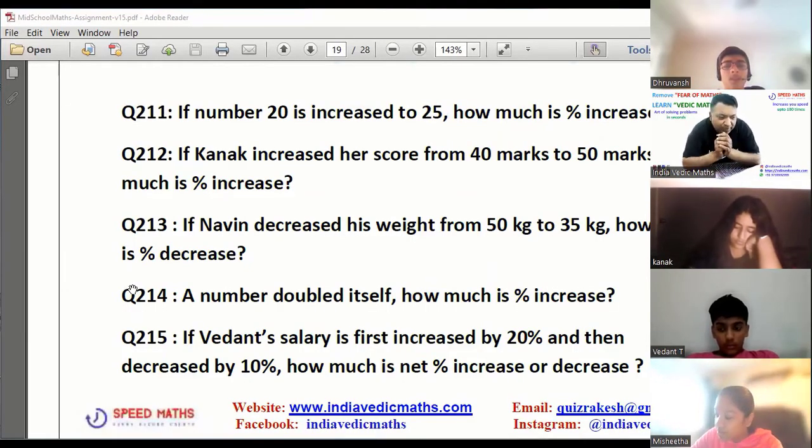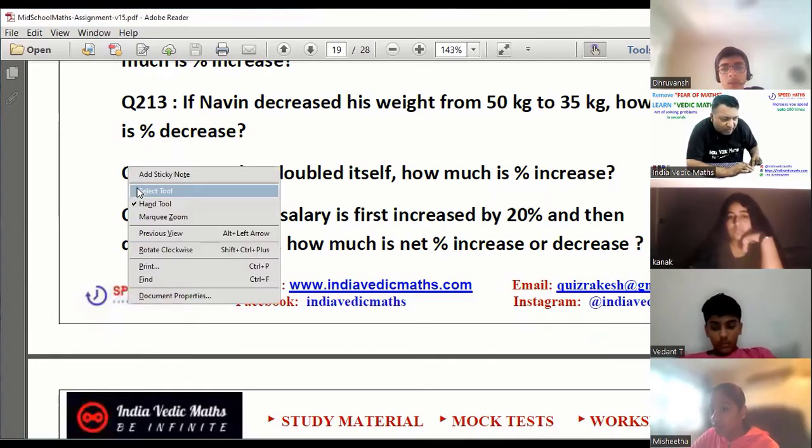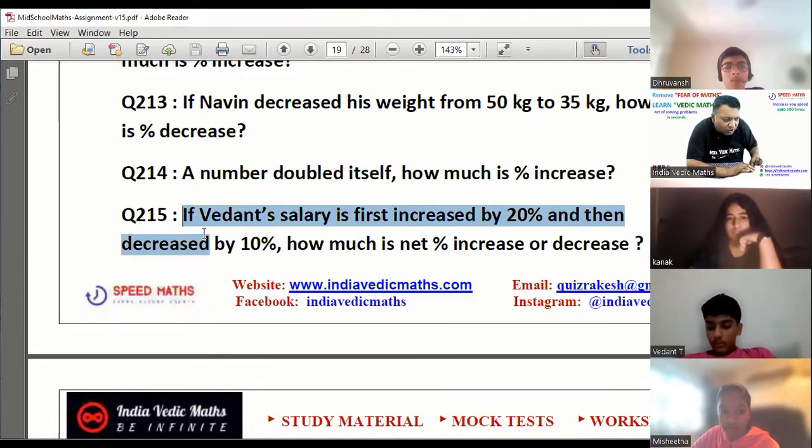Tell me. Yes. 215: if Vedant's salary is first increased by 20%, then decreased by 10%, how much is the net percent increase? We are going to do this on the board. Okay. Anything else, anyone, between 210 and 215? No?